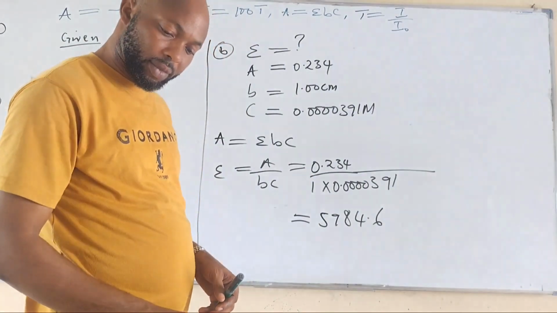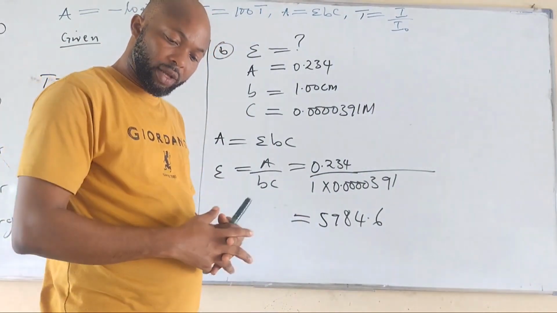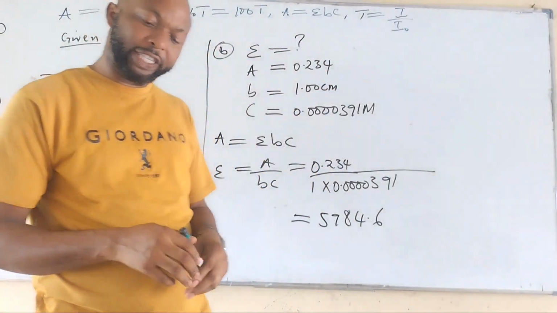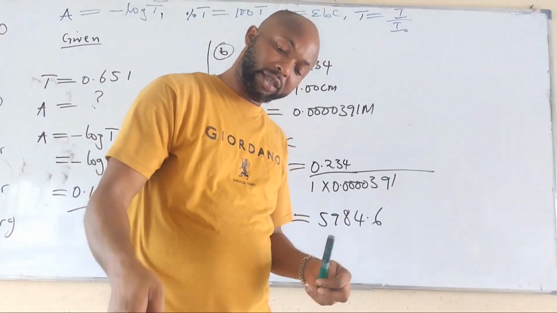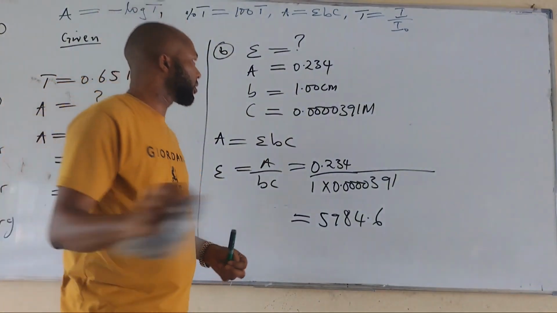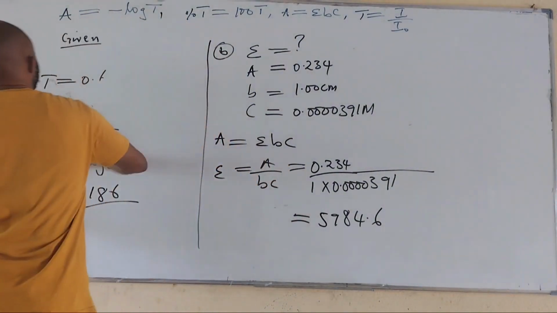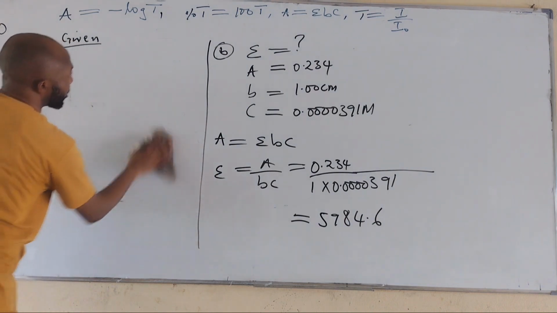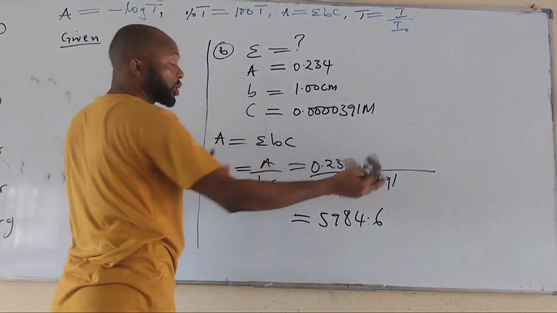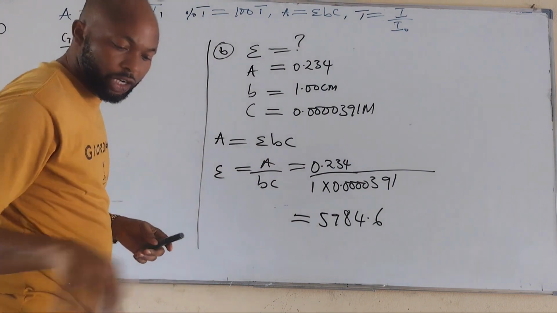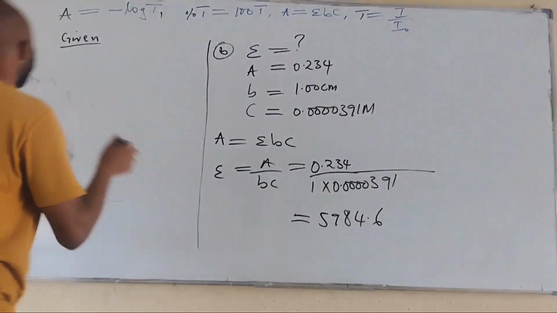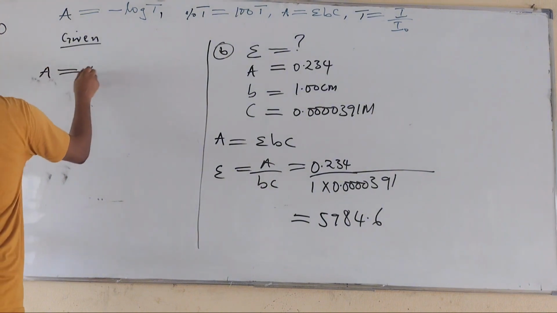And the last question here says calculate T if A is 0.197. It's a continuation perhaps. So calculate T if A is 0.197.